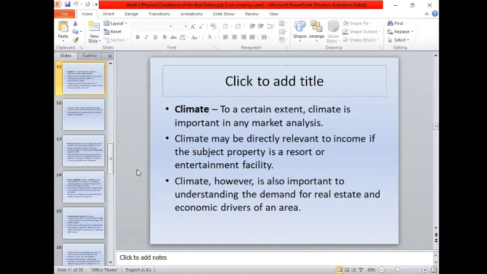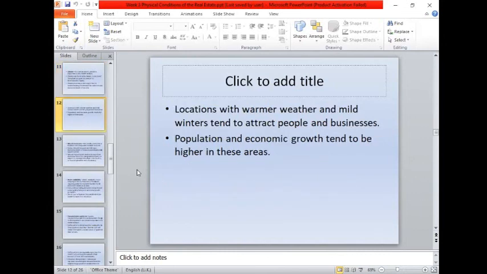Climate is also important to understand the demand of the real estate and economic drivers of an area, because you also have to consider if this area is not prone to any calamity, or if there is a calamity, it will not be easily damaged, but there is also a need to protect the lives of the people or clients there. That's why please take note of the climate: locations with warmer weather and mild winters tend to attract people and business.